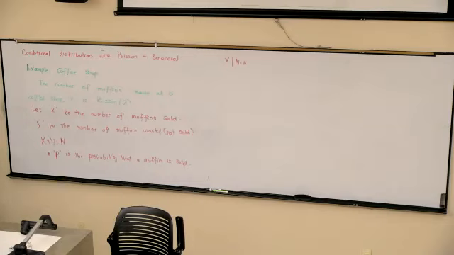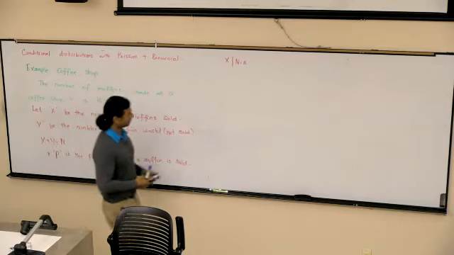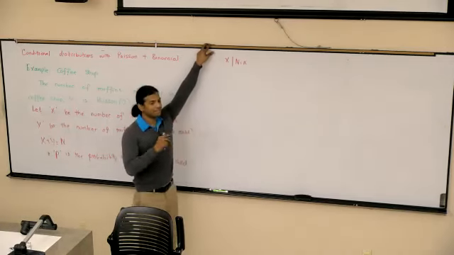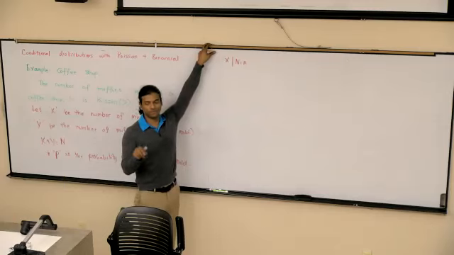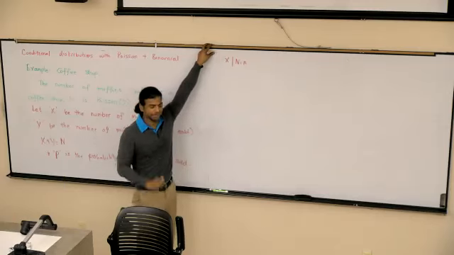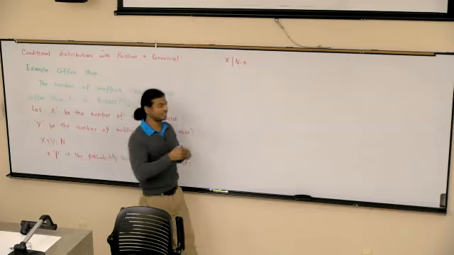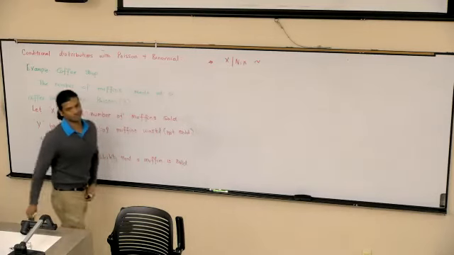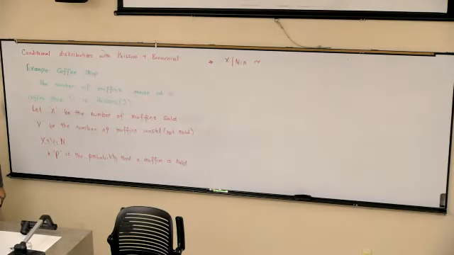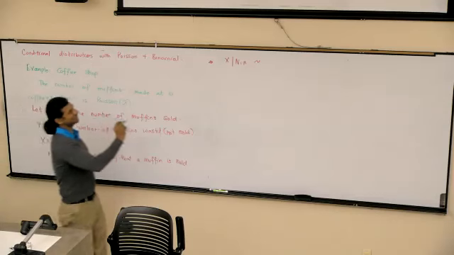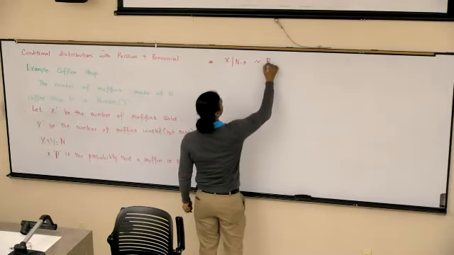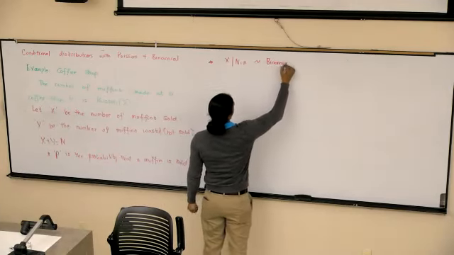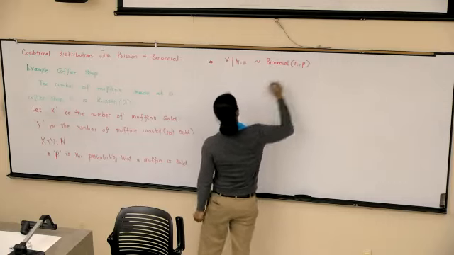So if I change the problem and said, let me condition on n equals some fixed value n, then what would the distribution of x be? Binomial. What are the parameters here? P and n, or n and p, doesn't matter, right?